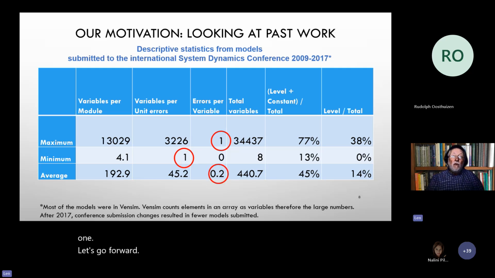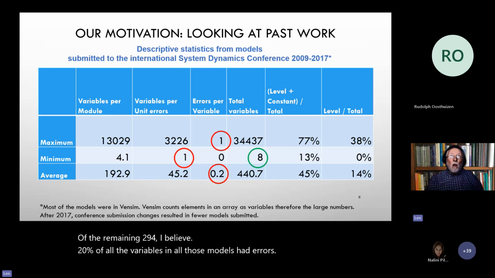And then on average of the 325 models, I believe I could only run 294 of them. The rest would literally not run, but they were submitted to the conference. Of the remaining 294, I believe 20% of all the variables in all those models had errors.